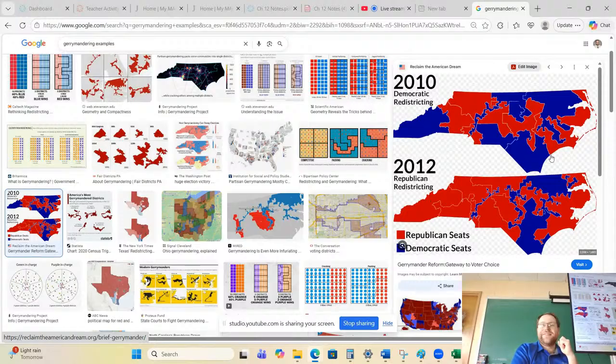In 2010, Democrats held the seat for the state, so they had the most representatives under the Democrat Party. And then in 2012, they re-elected everybody and it became Republican, and all the Republicans went in and changed all the county lines, in the hopes that they can continue to win elections, so they can hold their seats.